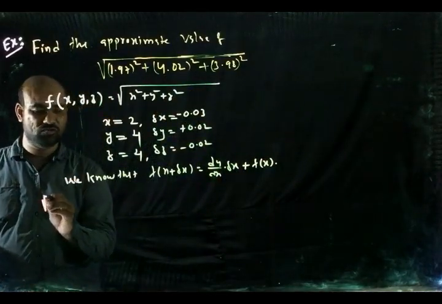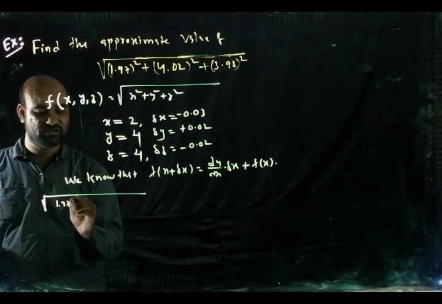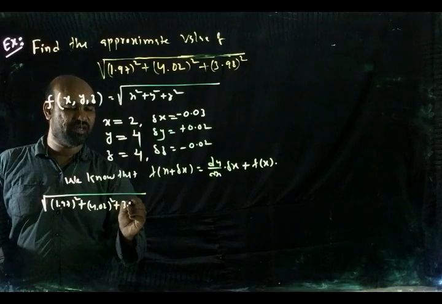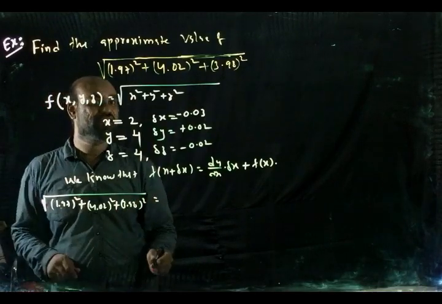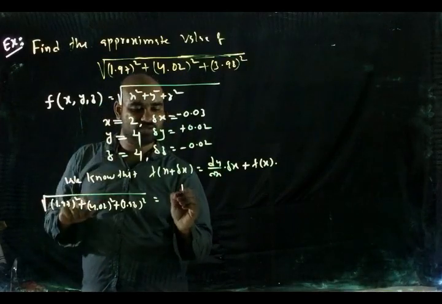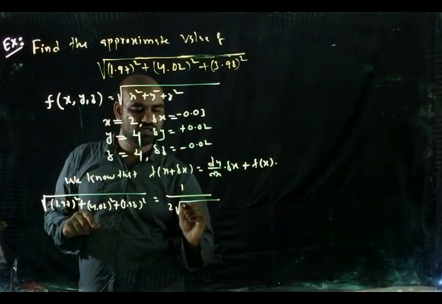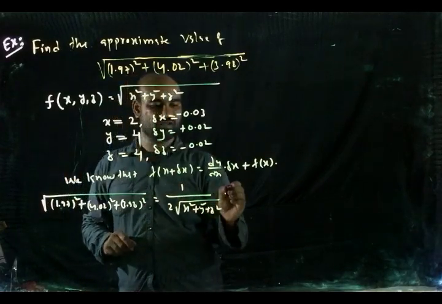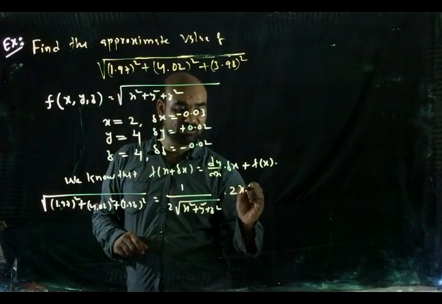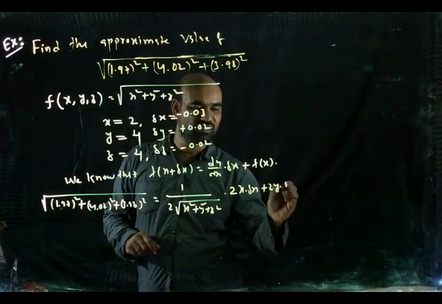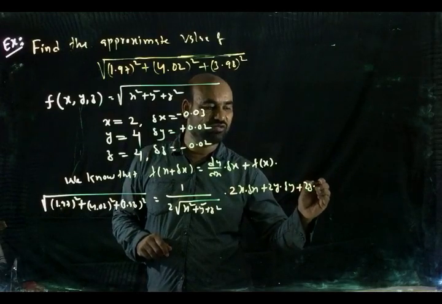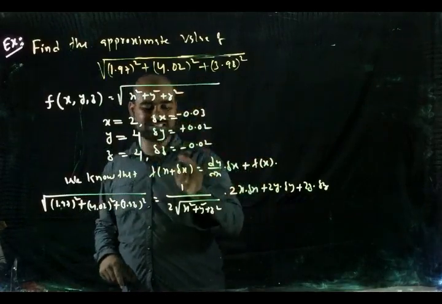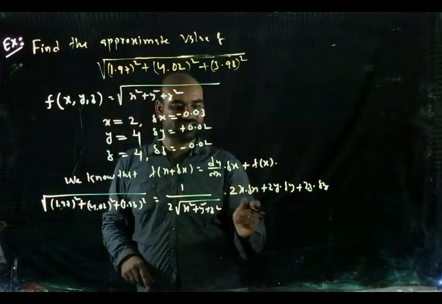So, root over 1.97 square plus 4.02 square plus 3.98 square is nothing but f dash of x, the derivative of this function, 1 by 2 root over x square plus y square plus z square into the inner function x square, which means 2x into delta x plus 2y into delta y plus 2z into delta z, because in this formula the function is in x, but here x, y, z, that's why.